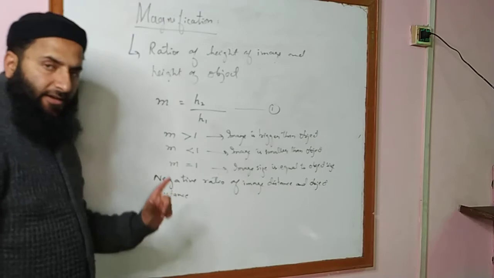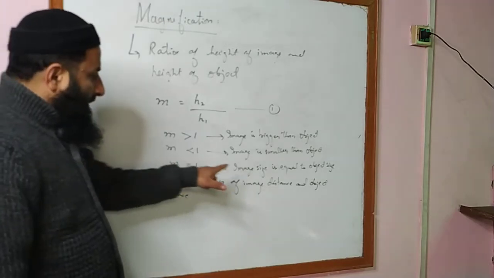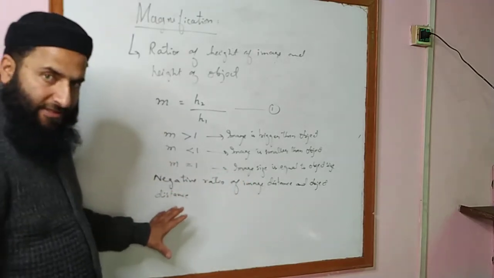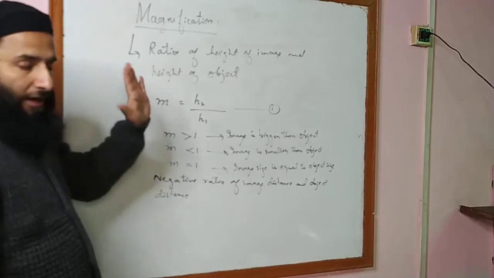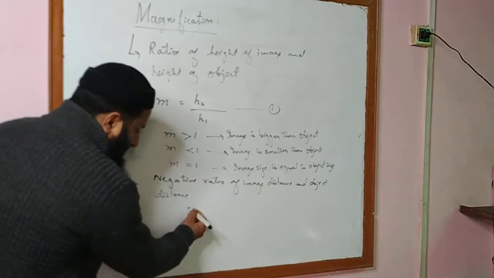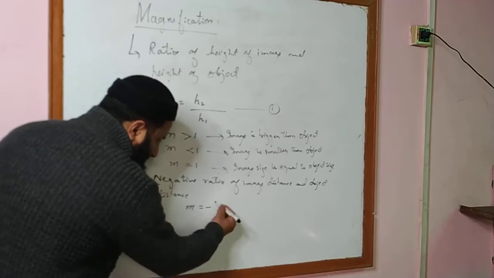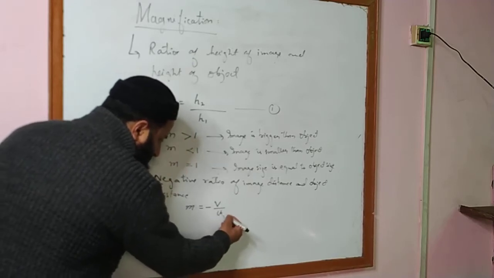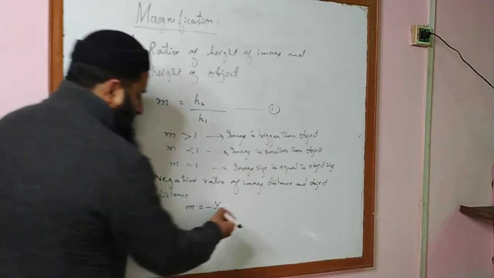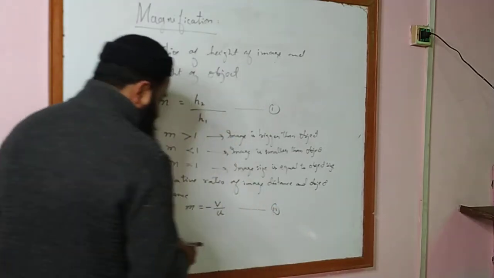If we take the negative ratio of image distance and object distance, we can calculate the value of m. It means m can also be calculated by taking negative ratio of image distance and object distance. This is equation 2.